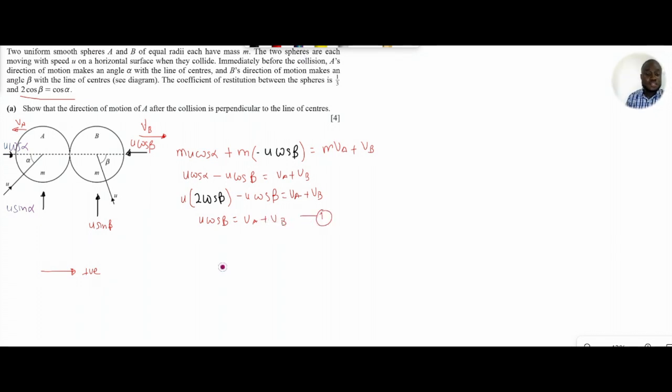Now let's use Newton's law of restitution, and according to that, the coefficient of restitution, which is 1/3, should be equal to the relative velocity of separation, which I'm going to call VB minus VA, because VB is acting this way, VA is going this way. The relative velocity will be this minus that, but this has to be positive, and divided by the approach.